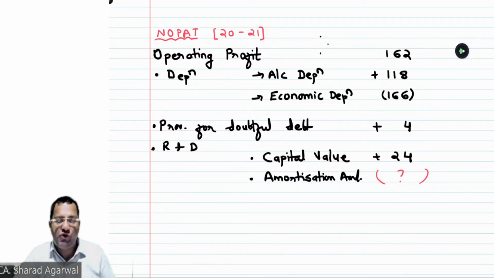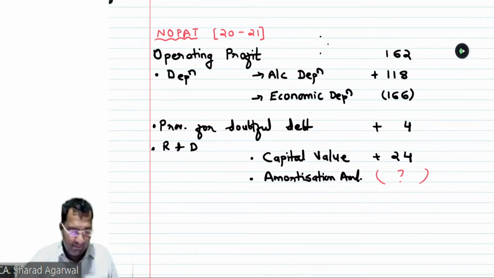How many students are of the view that amortization will be 24 crore divided by 5 years? Please read out the line very carefully, beta. They have not said that the project will benefit for the next 5 years. First of all, let the project be completed.